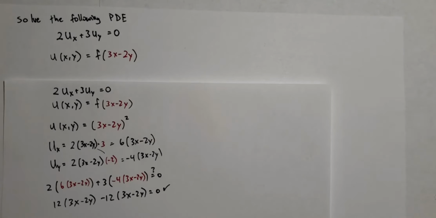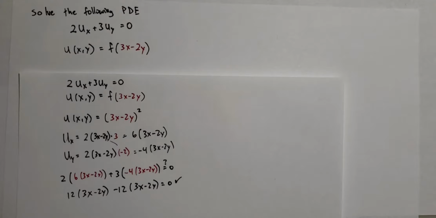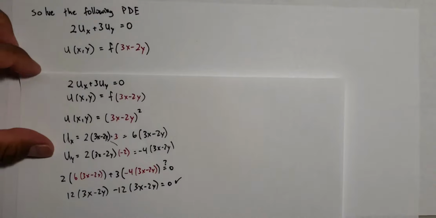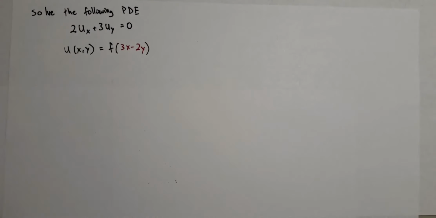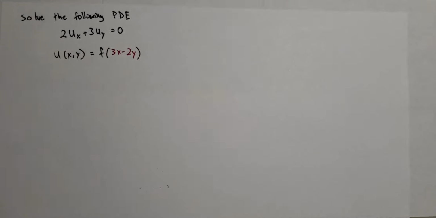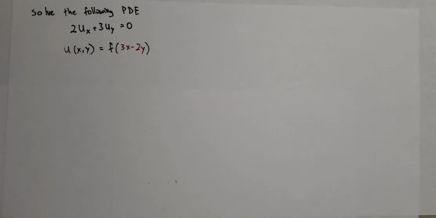Now, one thing that you'll figure out once you start messing around with these equations is that any multiple of that function will also be a solution. I know that sounds confusing and it kind of tripped me out, but this is what I mean by that. So we know that this is our solution, 3x minus 2y.